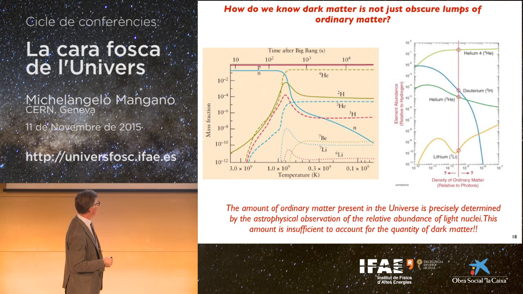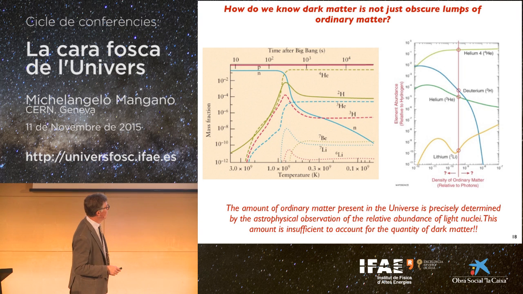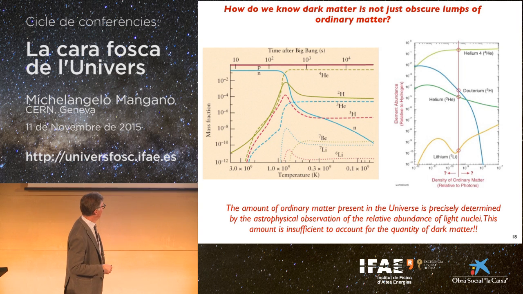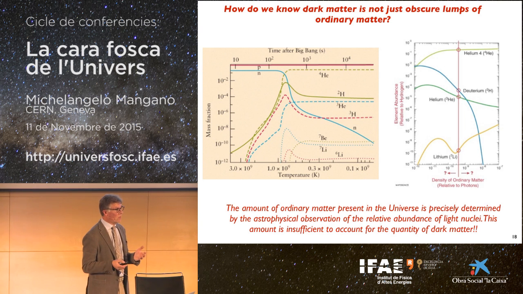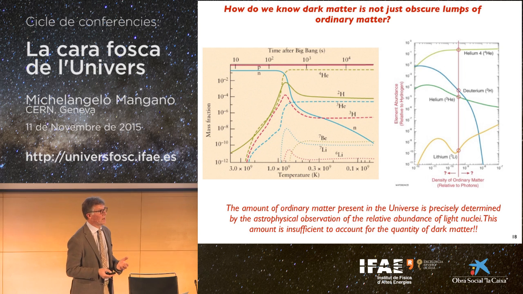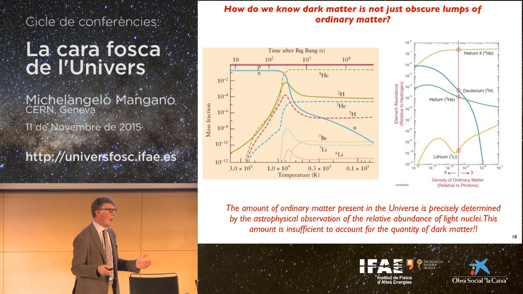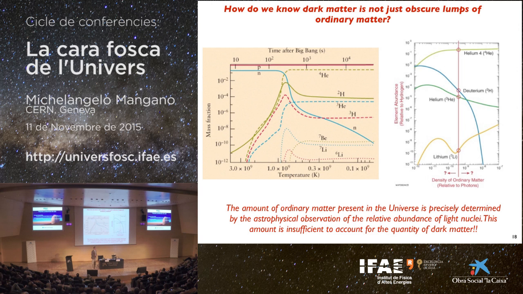So the amount of ordinary matter present in the universe is precisely determined by the astrophysical observation of the relative abundance of light nuclei, and this amount is completely insufficient to account for the quantity of dark matter. And that is why we can claim with certainty that dark matter is not just a lump of molecules or some planet or some dark star that's burned off everything, but it has to be a completely new entity, a new object.